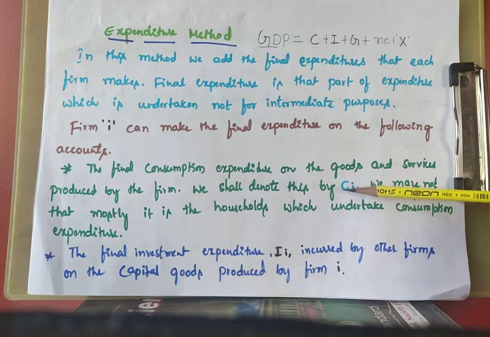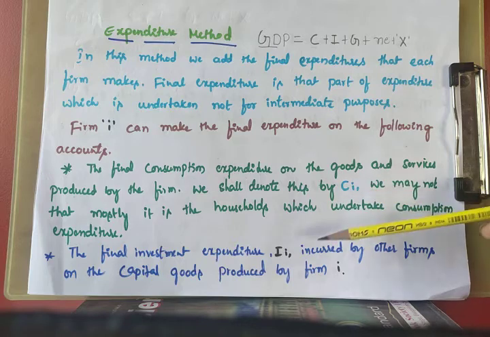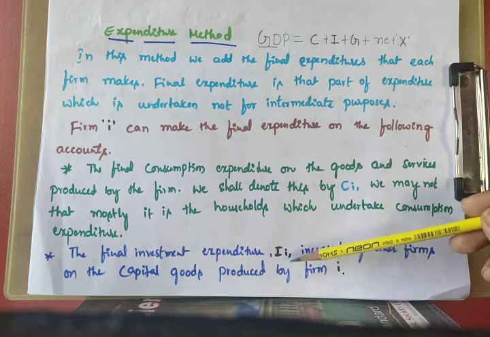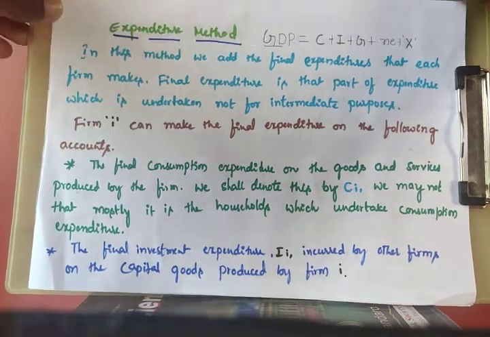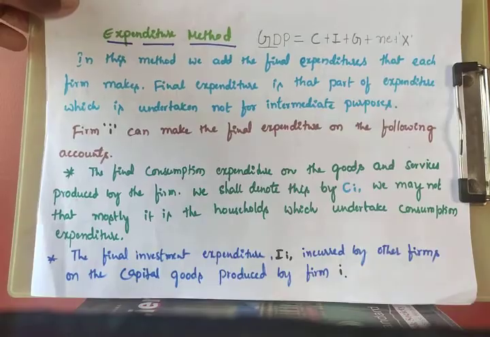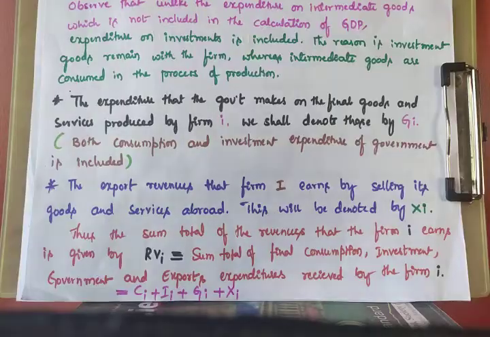Consumption expenditure done by I is CI. Investment expenditure done by I is II.